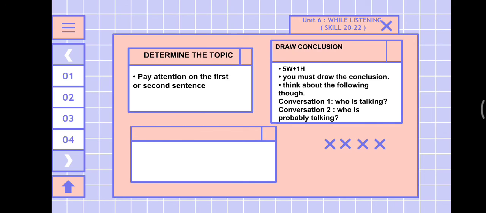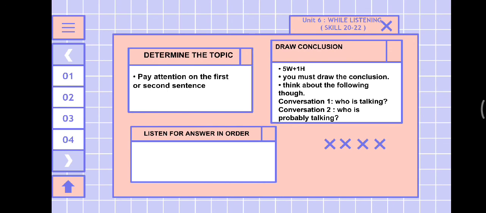It means that 5W is when, what, who, where, and why, and 1H is how. And from that, you must draw the conclusion and think about the following thought. The example is conversation 1, who is talking, and conversation 2, who is probably talking.